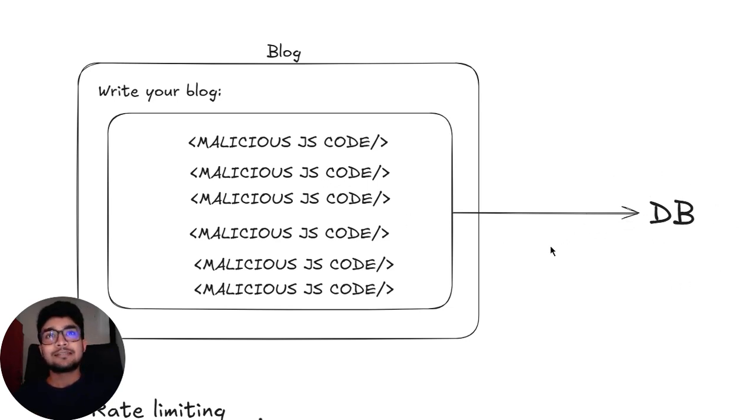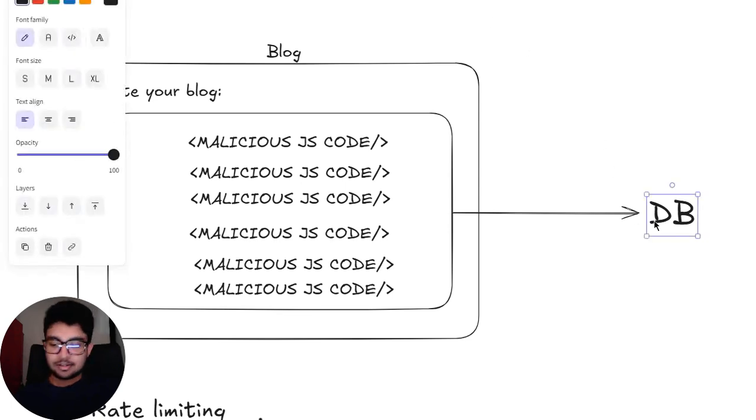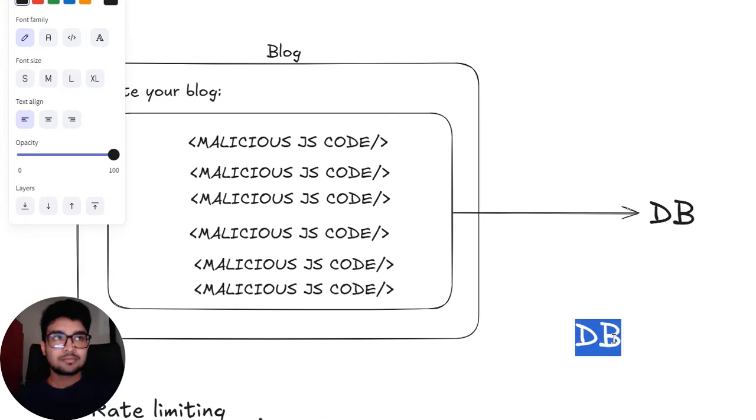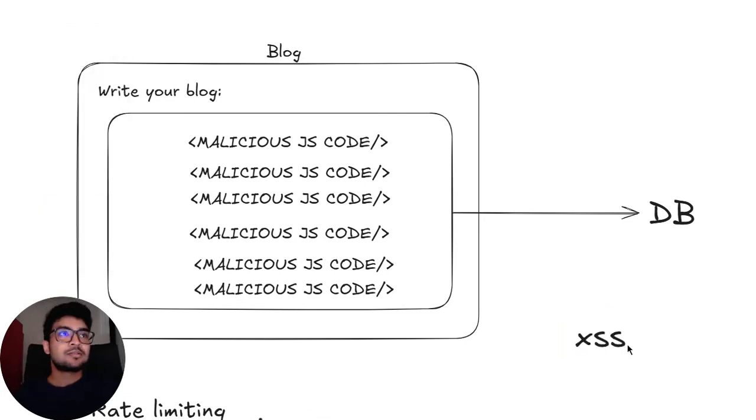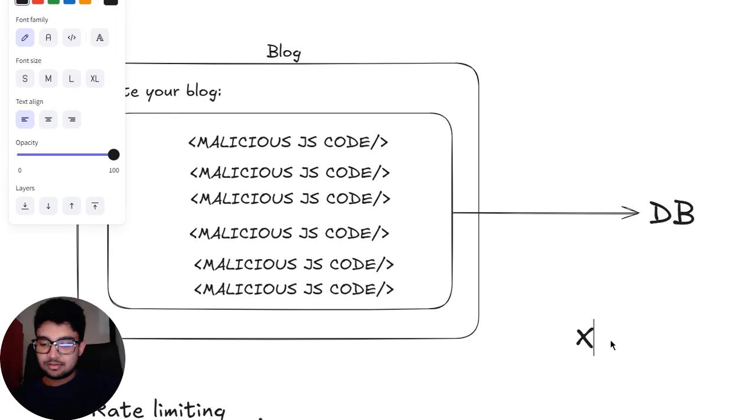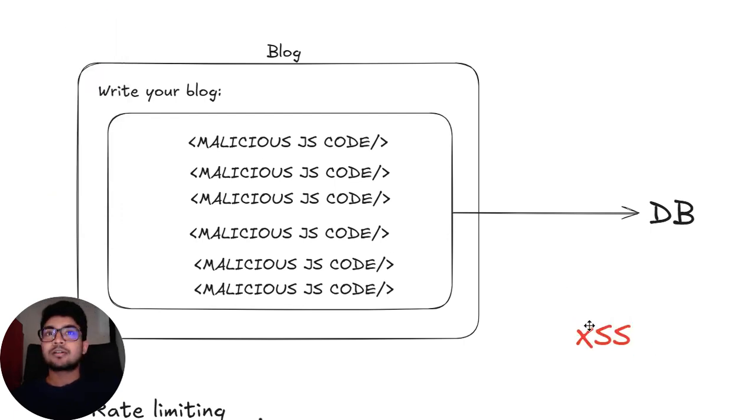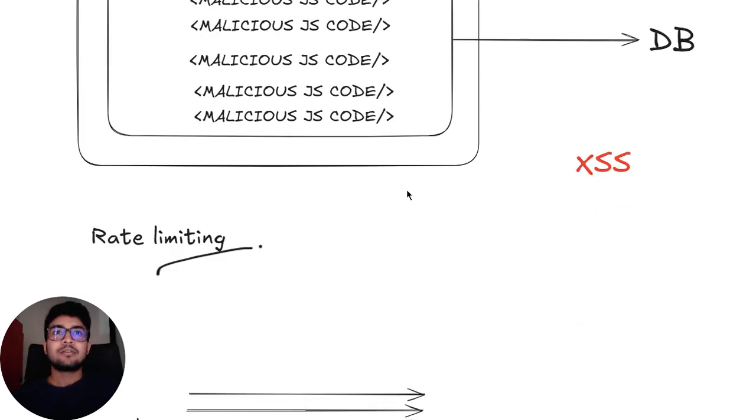Now this is really bad, because someone else who is viewing your blog will actually see this, and that code will get executed. This is called cross-site scripting, which is a pretty big deal, and it is very important when protecting your web applications as well.